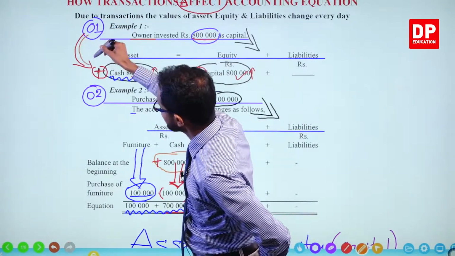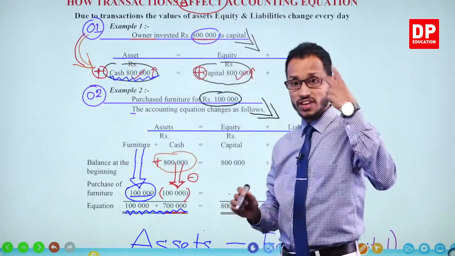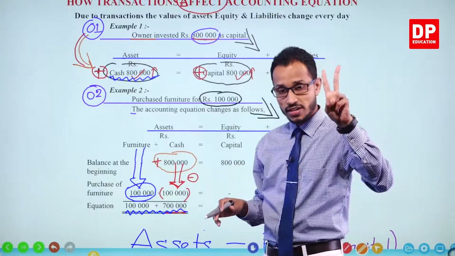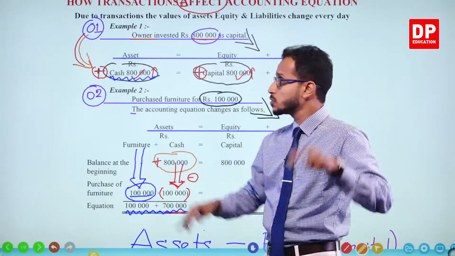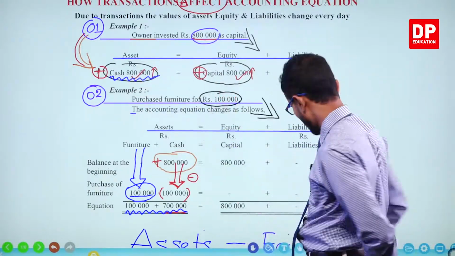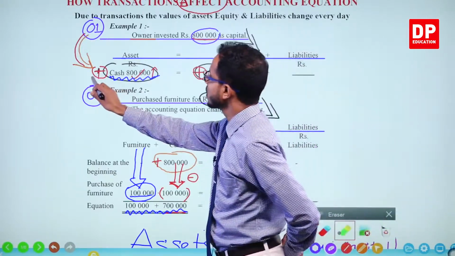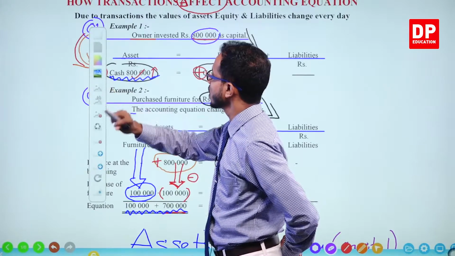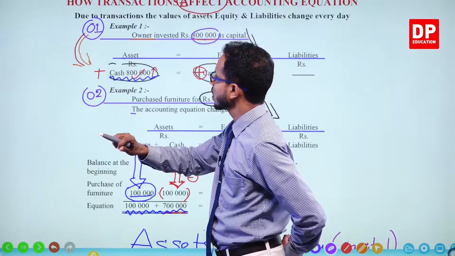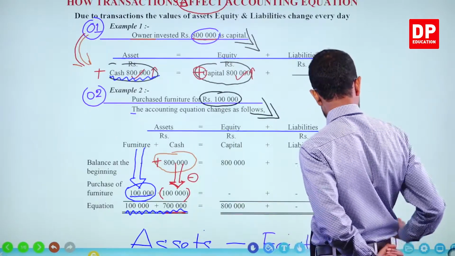First transaction has two effects. I'm showing you the two effects of every transaction. Two effects are recorded. That means two places. The amount goes to two places. This is the first place.